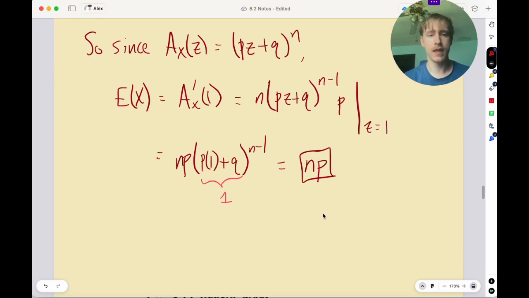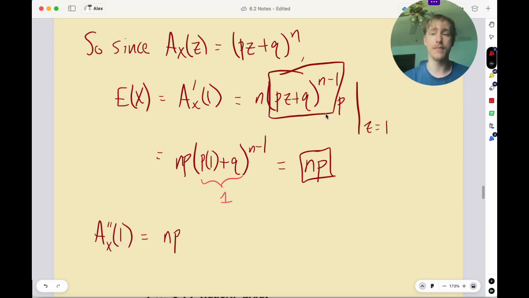Okay. Now, to find the variance, we're going to have to take the second derivative of this, evaluated at 1. So we're just going to take this and differentiate it again. So I'm going to, again, pull the np out. Then we're going to use the product rule again on this.